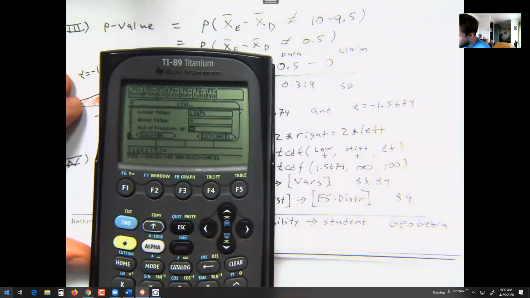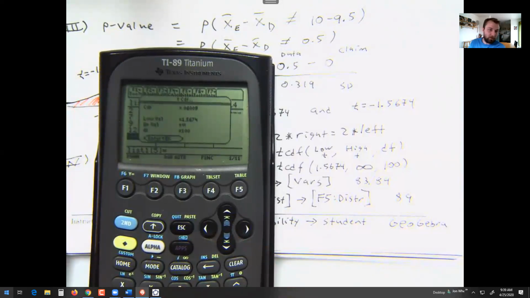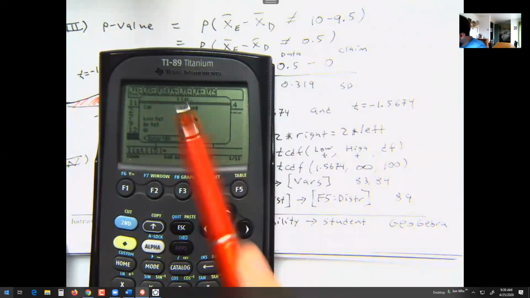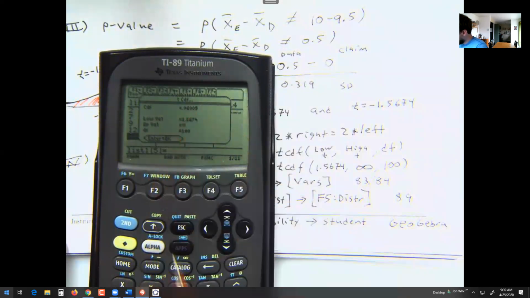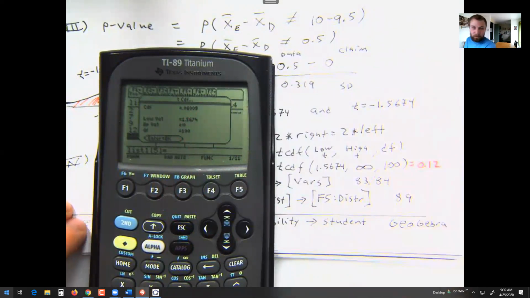My degree of freedom, I'm saying, is about 100. It's actually larger. I'm assuming I have less control than I really do. That's fine. When I do this, I end up getting a CDF of 0.06 or so. So if I do 2 times that value, I'm ending up with a p-value of about 12% or so.